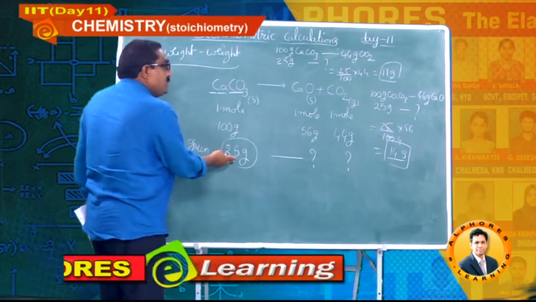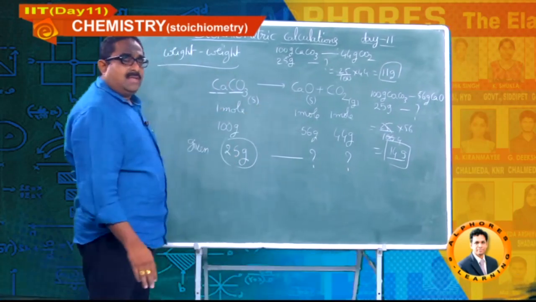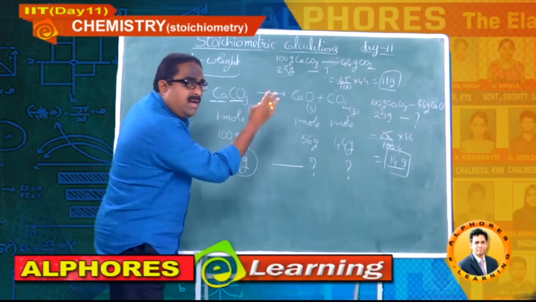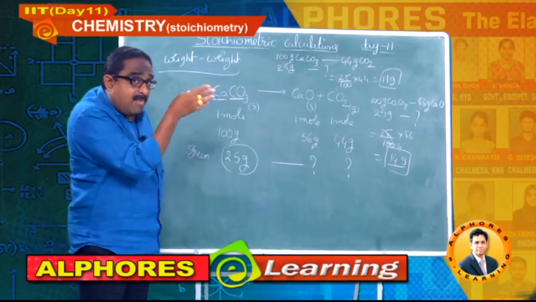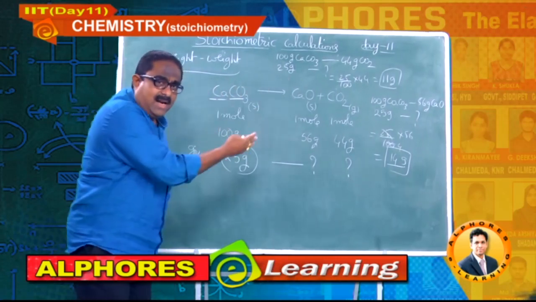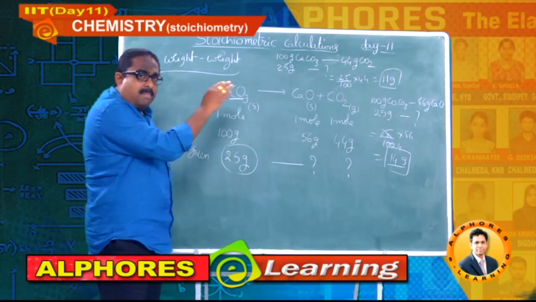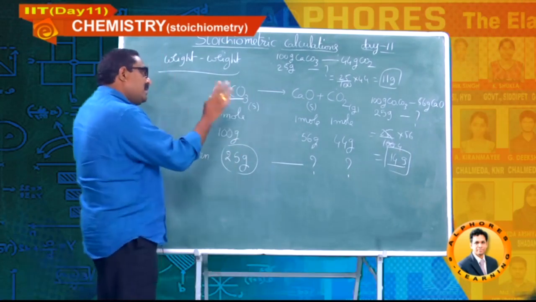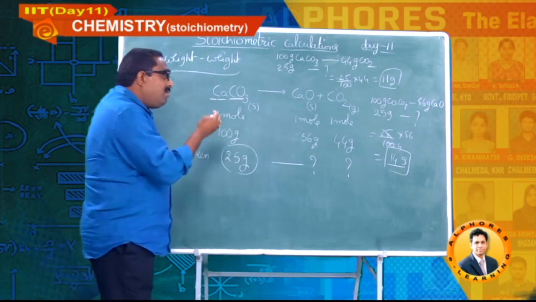Then our answer is 25 grams. Reverse to that. So that's why I have stated this as weight calculations; stoichiometric calculations involve only the masses of components, either the reactant is given or the products are given. Based on that, based on balanced chemical equation, we can simply calculate all the things.